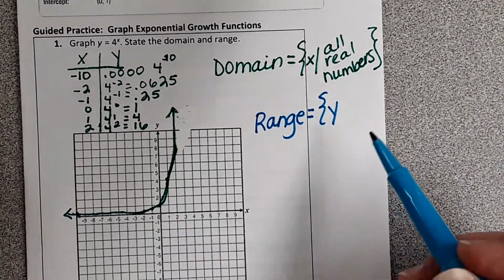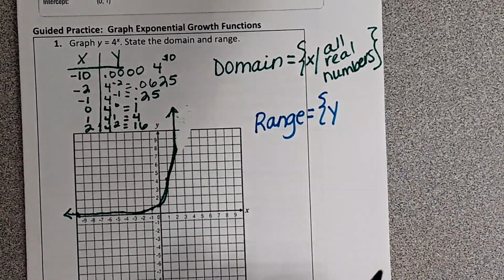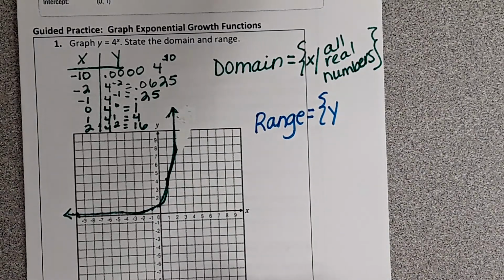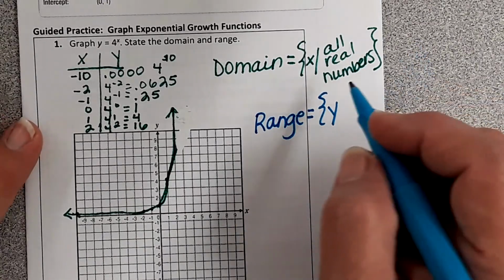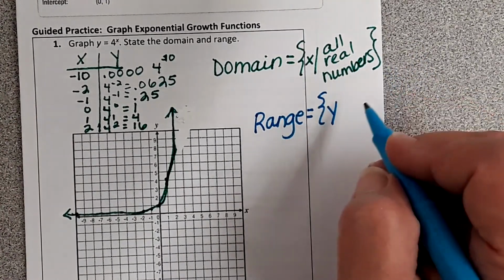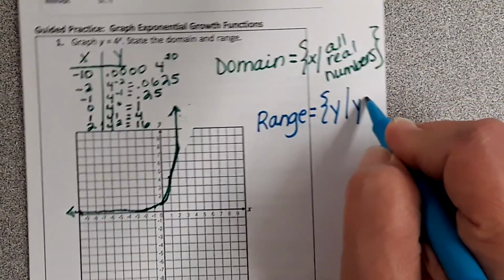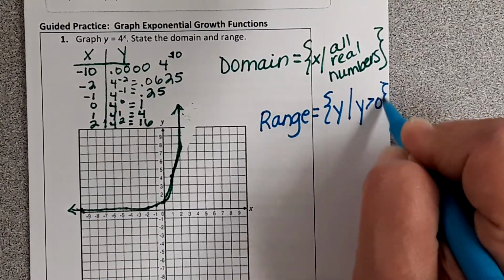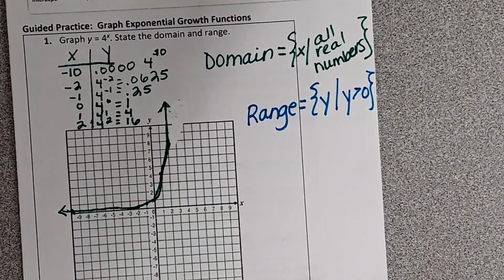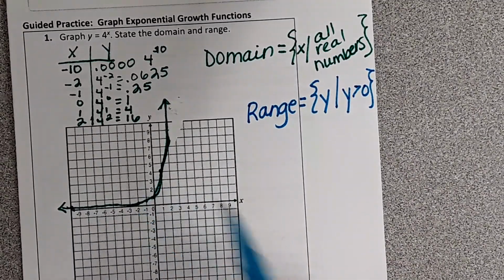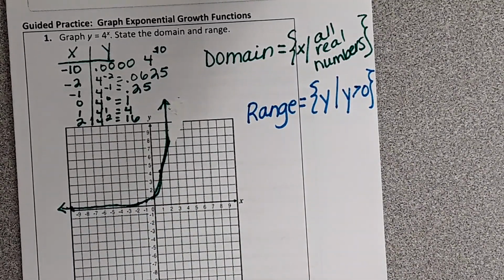Now, our range. Our range is never going to cross the x-axis. So that means that our range is y such that y is greater than 0. It's never going to be 0. And the reason is because, see the line that it's skirting, going right across the x-axis?